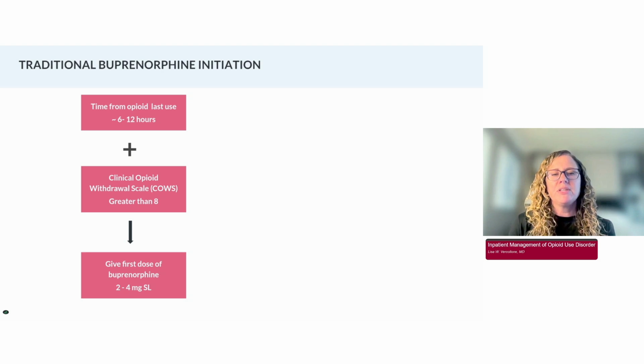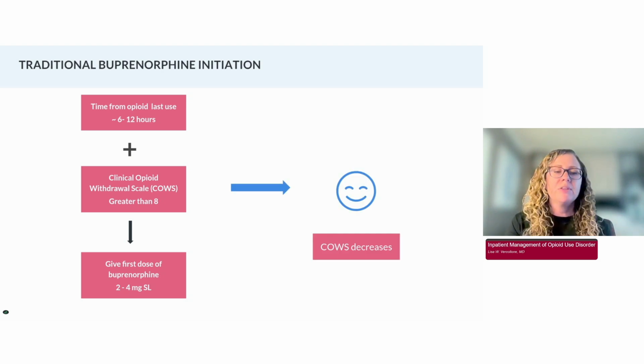You also want to couple this with looking at the COWS score, which gives you an idea of the severity of the patient's opioid withdrawal. So if somebody had a COWS greater than 8 and it's been over 12 hours, in the traditional model, we would give 2 to 4 milligrams sublingual and the patient would look better. Their COWS would decrease, therefore signifying that their opioid withdrawal has improved.